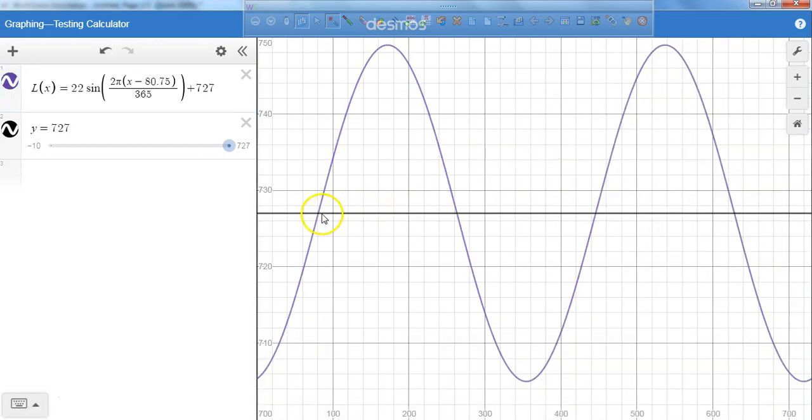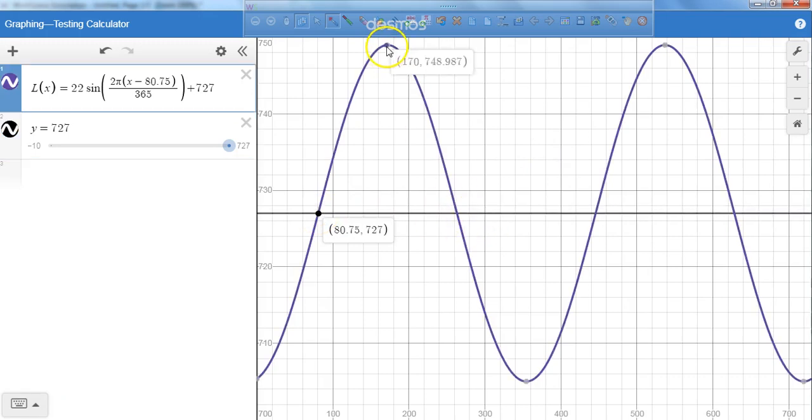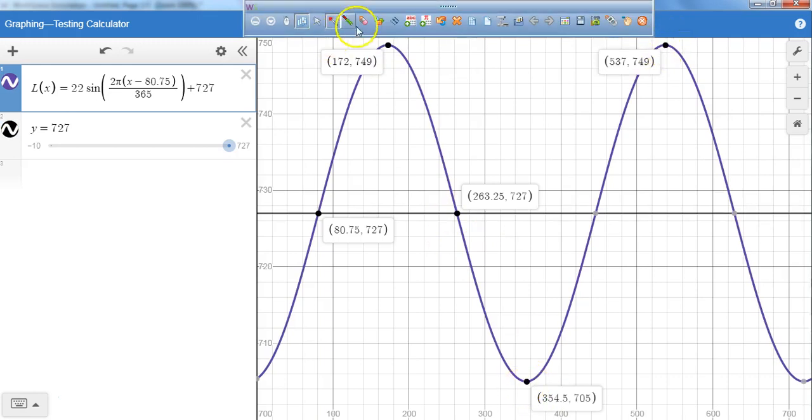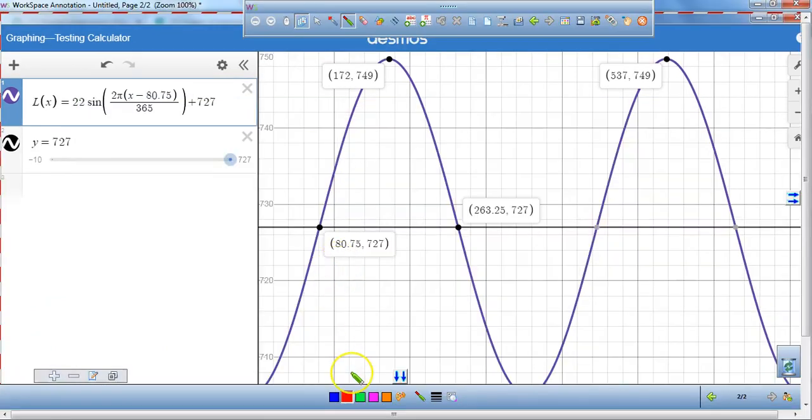So right now, if I'm saying I want you to picture the sine graph, these are the important points for you to know in your sine graph. Let's go ahead and trace this. So we're going up, up, up, up, up, up, up. There's the 172.49.